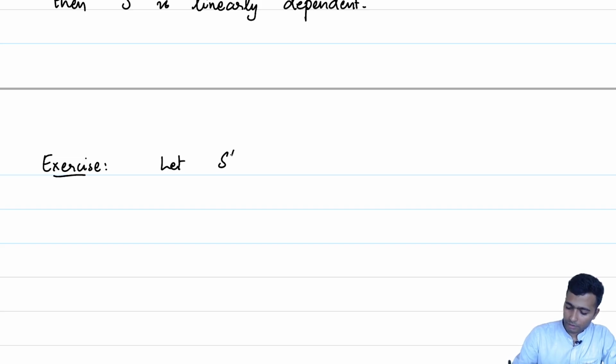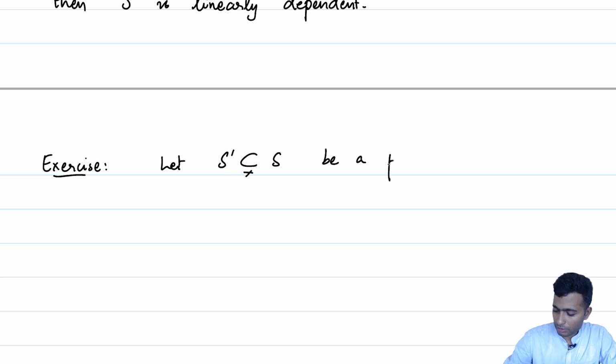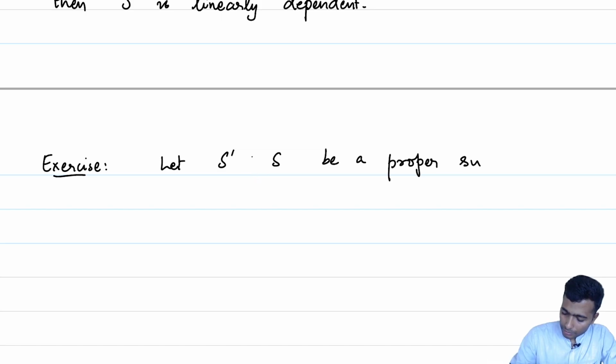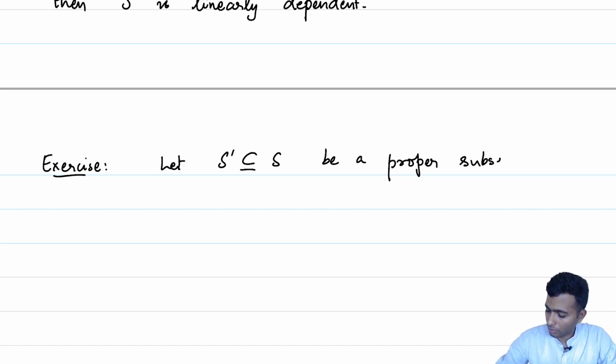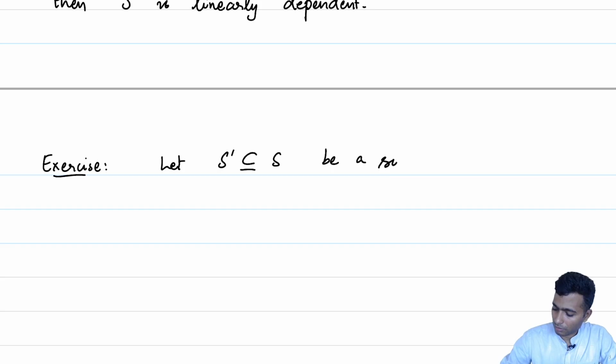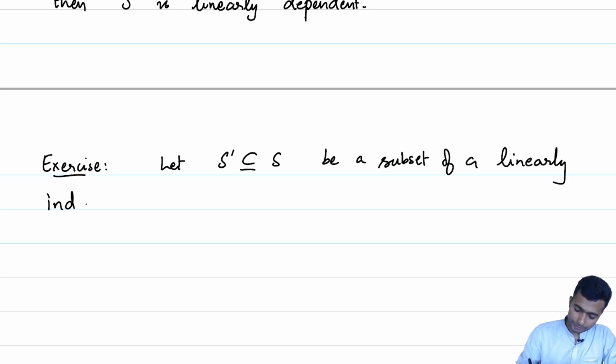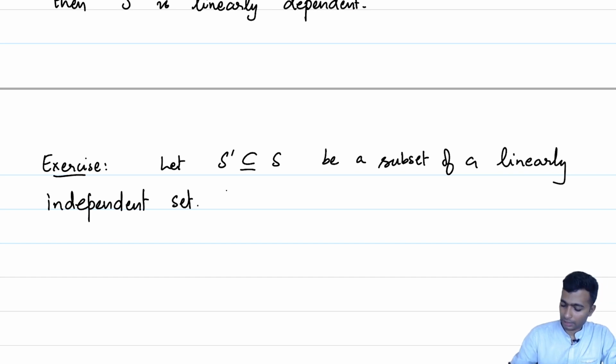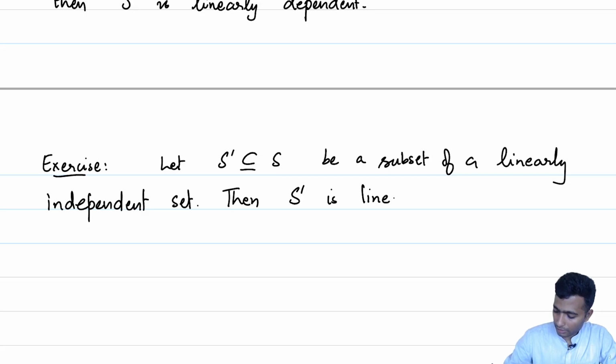Let S prime contained in S be a subset, proper or not does not actually matter, of a linearly independent set. Then S prime is linearly independent.